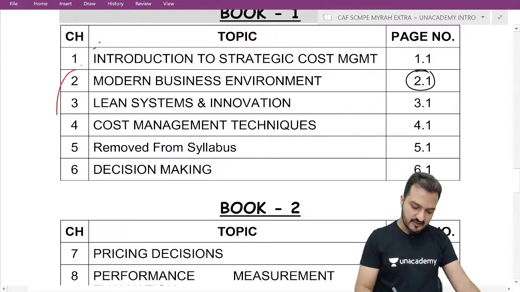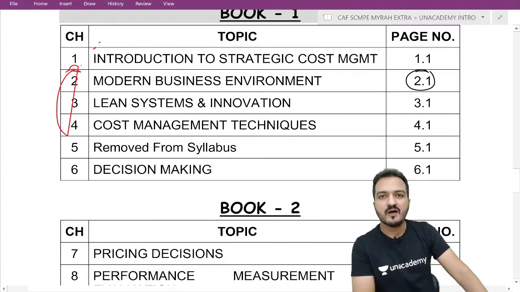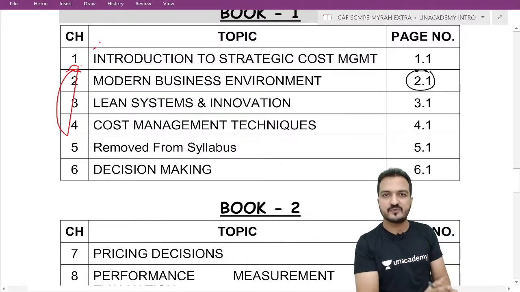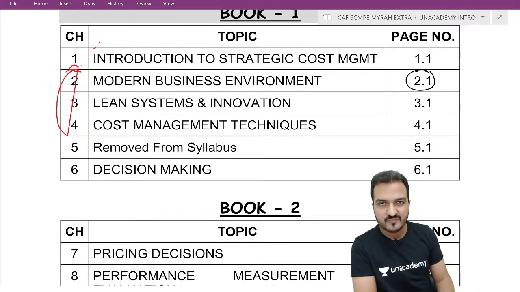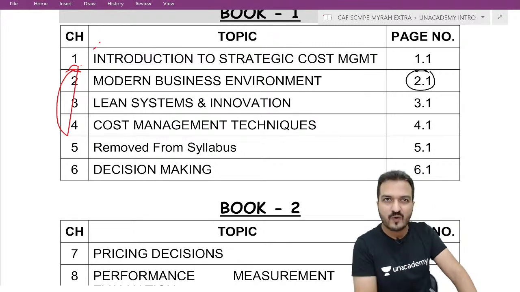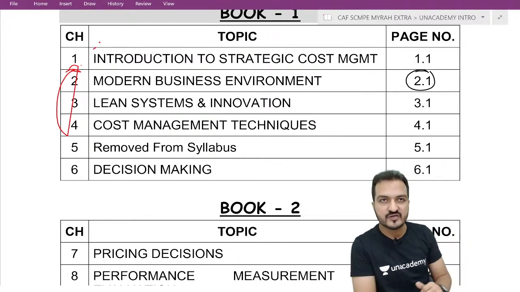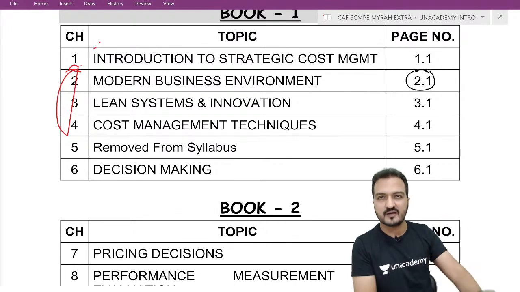Chapter 2, 3 and 4 are the new additions and the important chapters which were not there in the old syllabus of CA final. They are there in this new syllabus of CA final called Modern Business Environment, Lean Systems and Innovation, Cost Management Techniques.